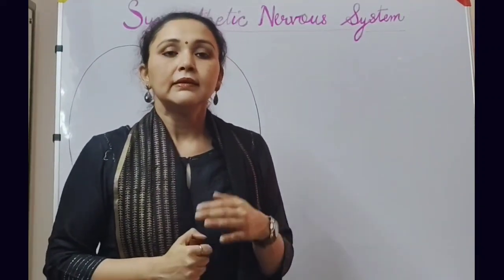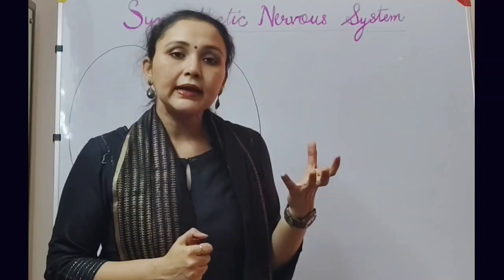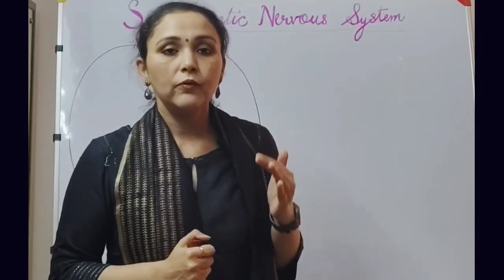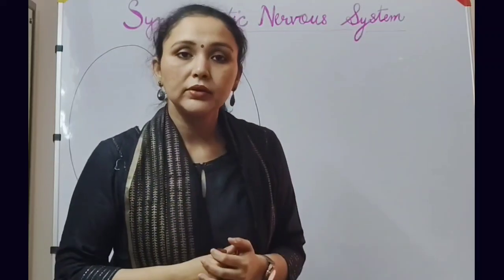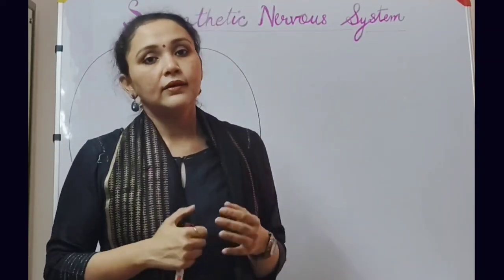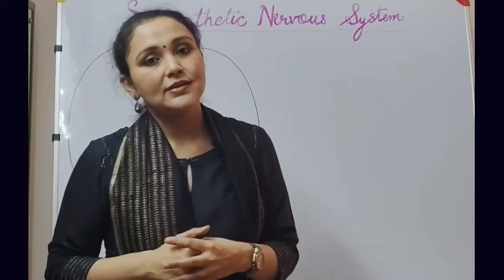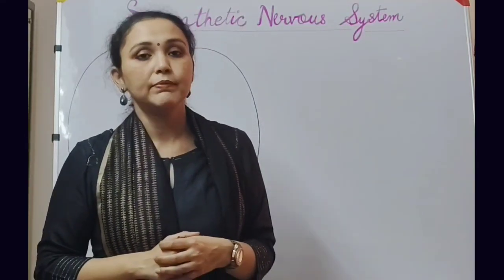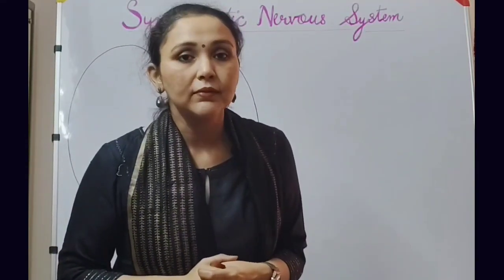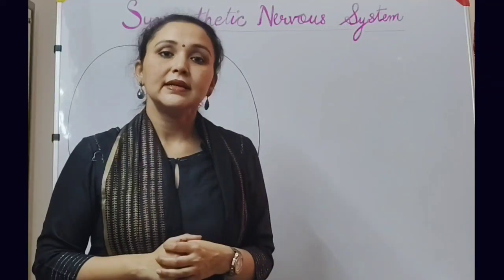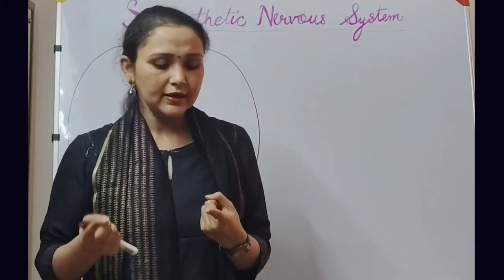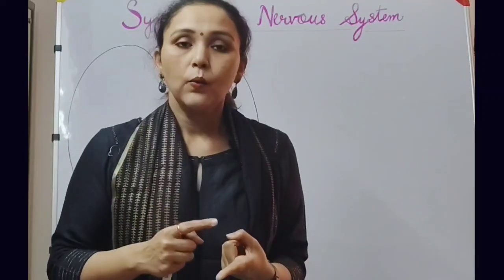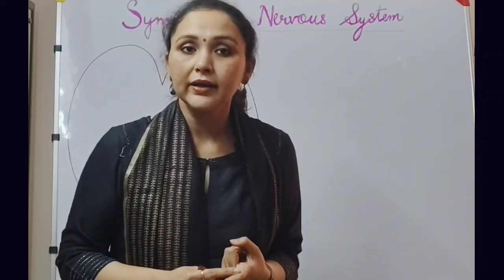What else? The secretory activity of the glands is decreased. Now what will it lead to? Obviously, there will be a dry mouth, and the sweating is increased. The sweat glands in your body are supplied by the sympathetic nervous system, so their activity is increased. So now you can clearly understand why there is increased blood pressure due to vasoconstriction, why there is increased heart rate.